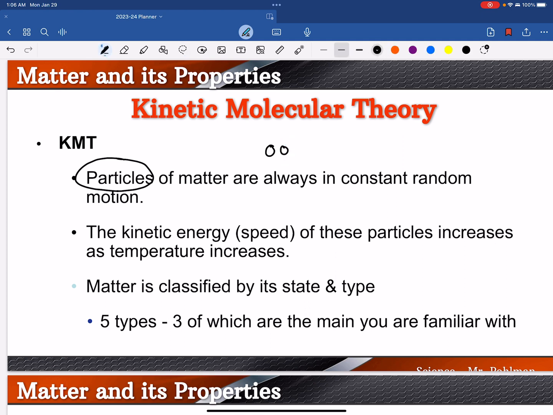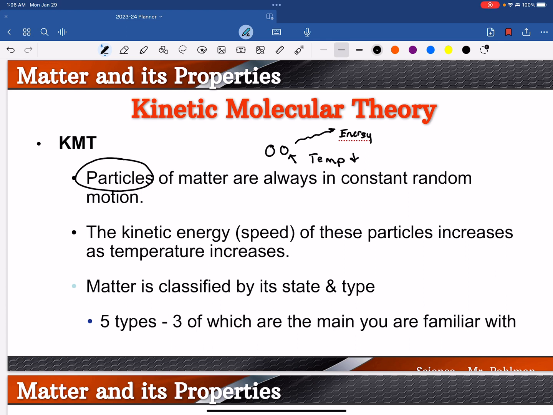So as the particles start to lose energy, this would be energy that's leaving the system or those particles. When that occurs, the temperature decreases. All right, so the temperature goes down.